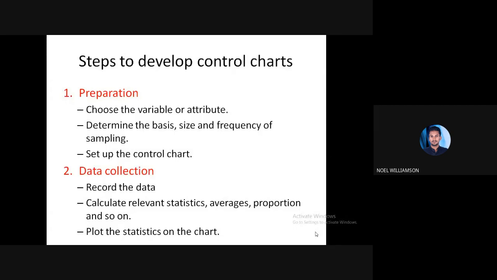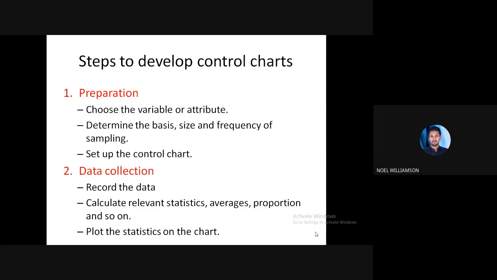Now the next level, or the second step, is data collection. So now we set up a control chart in the initial stage, then we have to collect the data. So collecting the data, first of all, record the data. Record the procedures, whatever things are there, we have to record the relevant data.